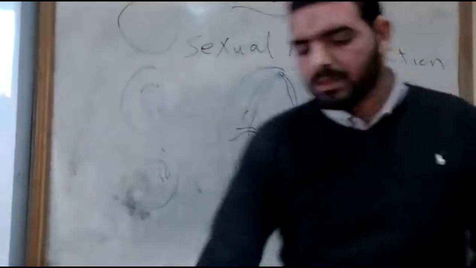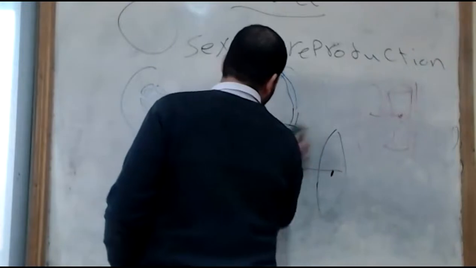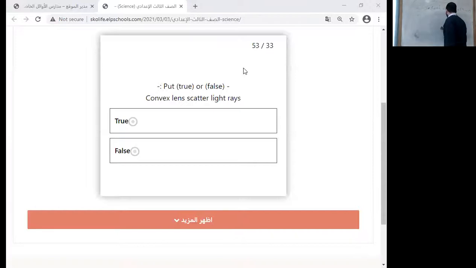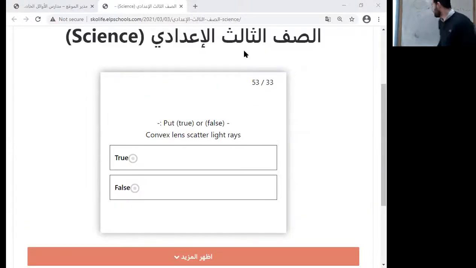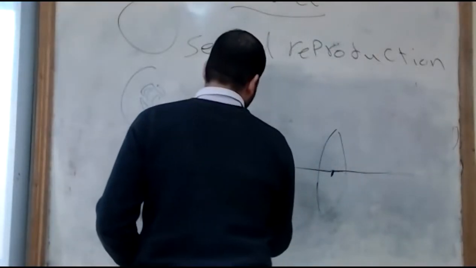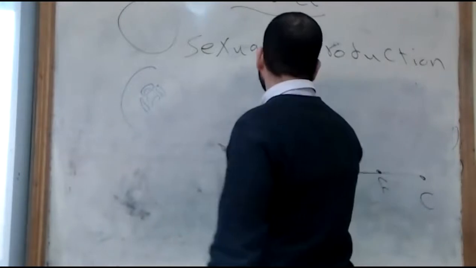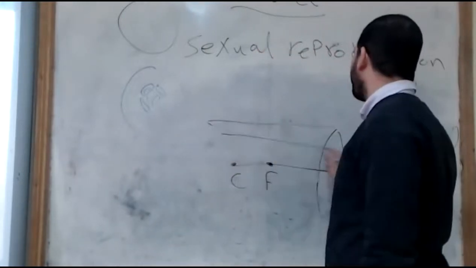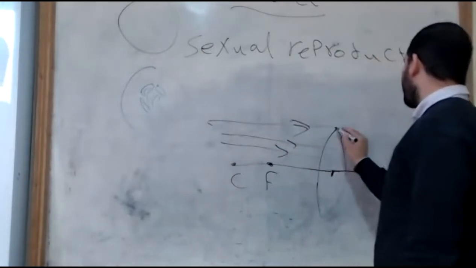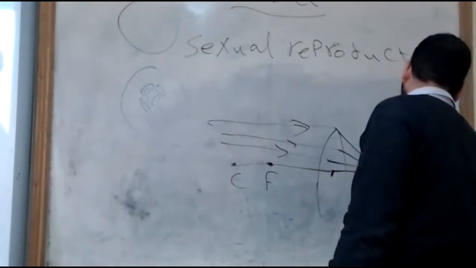For example, if the light rays are coming from a very far object like the sun, they all come in parallel, so they are refracted, passing by the focus, and they are collected at the focus.